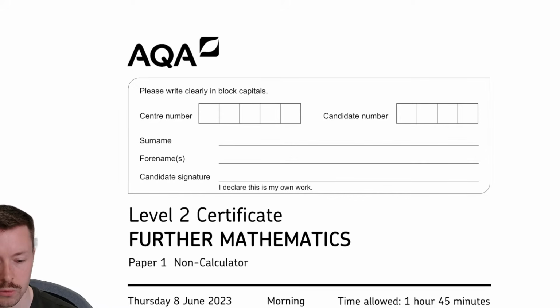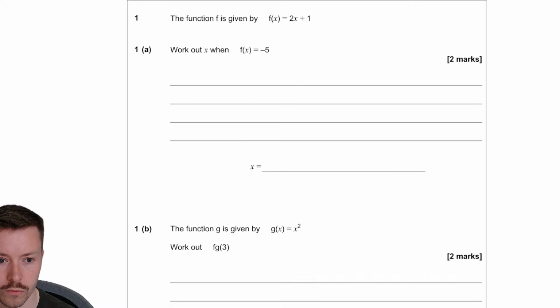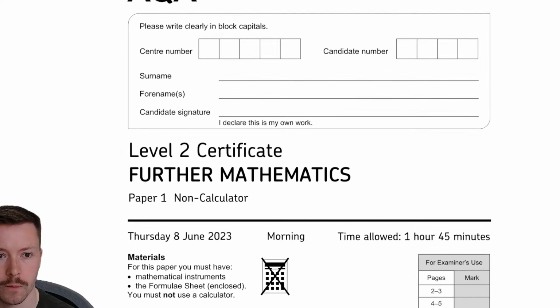Making sure I've got everything sorted. So, pretty much there.